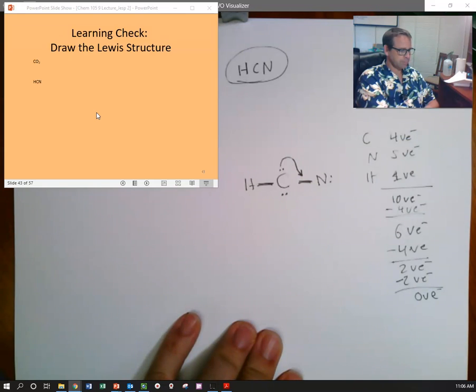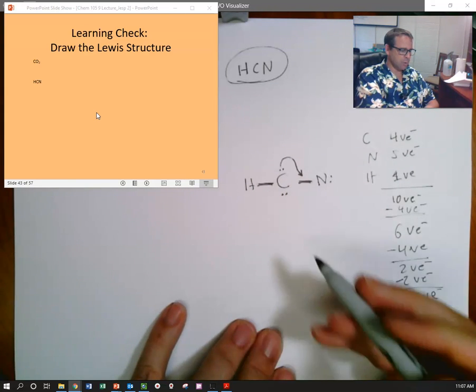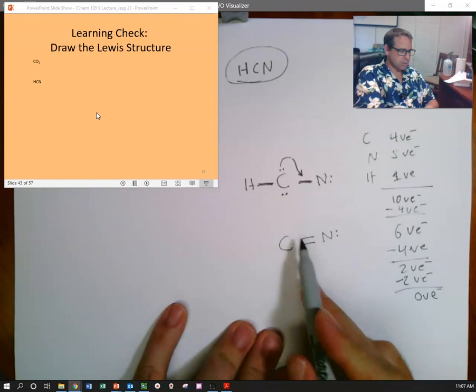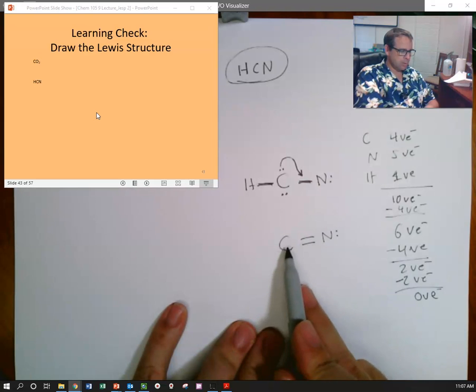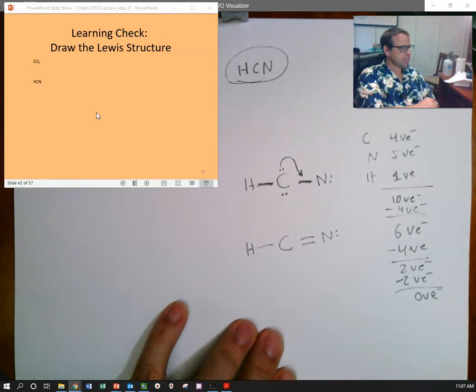Oh, would there be more in the bond then? Yes, that's right. So I take these non-bonding electrons and I form them into a bond, right? So what that does is it makes those two non-bonding electrons available to both the carbon and the nitrogen now, right? Yes. So would you do the same thing with the other two?